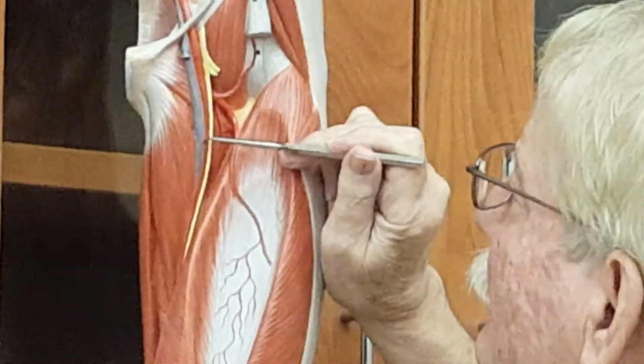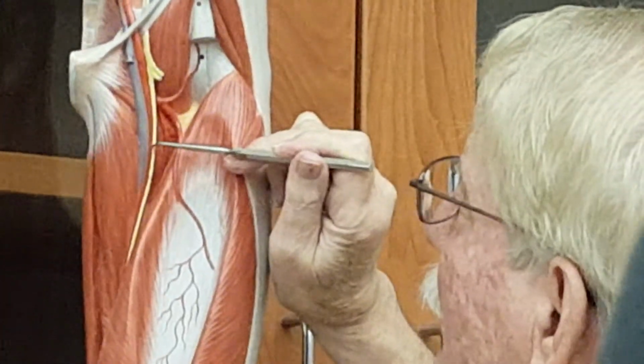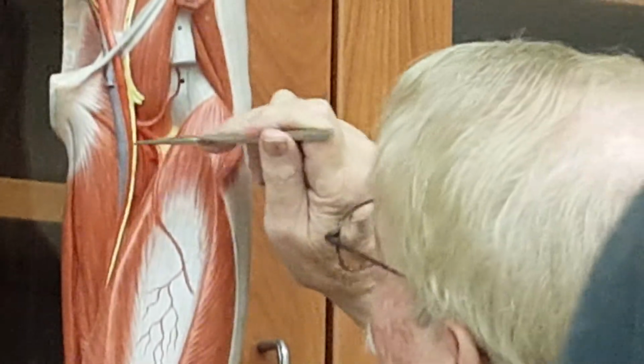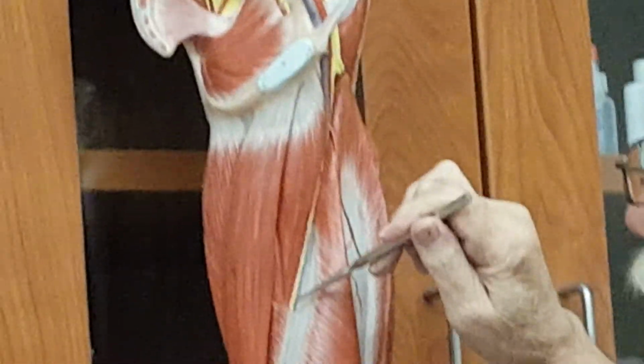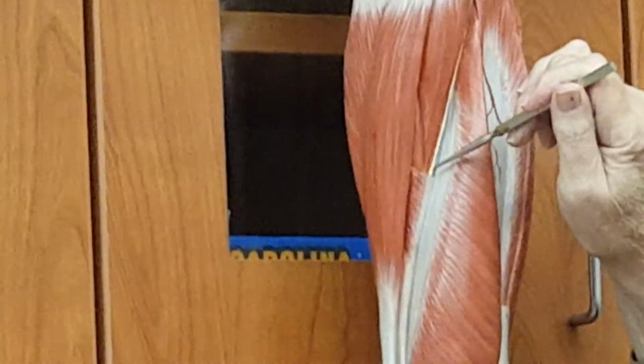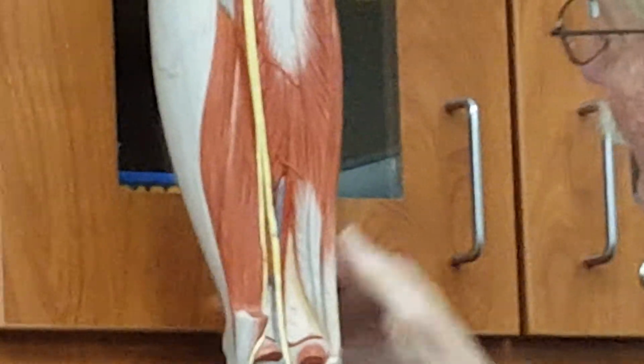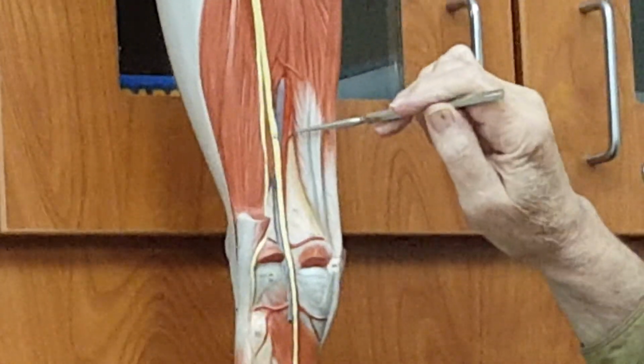Nice. Then we have the adductor hiatus. The superficial femoral artery passes down here and passes through this hole in the adductor muscle called the adductor hiatus and exits posteriorly to become the popliteal artery.